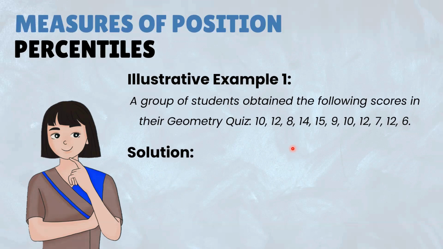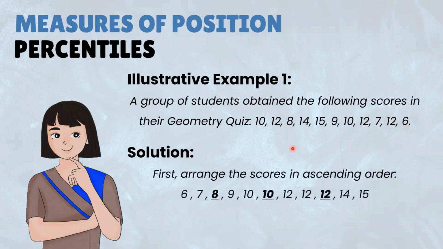So the first thing that we have to do, just like in other measures of position, we arrange the values in increasing order or in ascending order. So we have this. We know from the previous slide that the percentile 25 and quartile 1 values are equal. Percentile 50 and quartile 2 values are also equal.